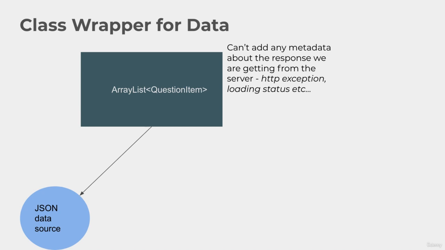For instance, if an exception happens as the data is being pulled in, or if we want to know the status of this process of fetching data from our data source, and many other things that we may want to attach to this array list. The way things are right now, it's virtually impossible. You can make it work, but we'd have to do a little bit more unnecessary work to pass those pieces of information that we may need in our user interface to know exactly what's going on with this payload of data that we're receiving.